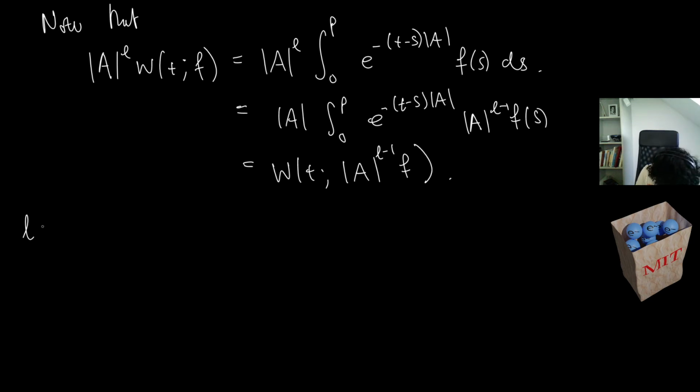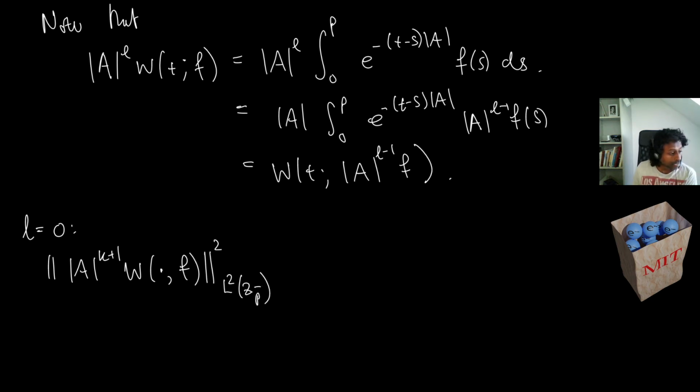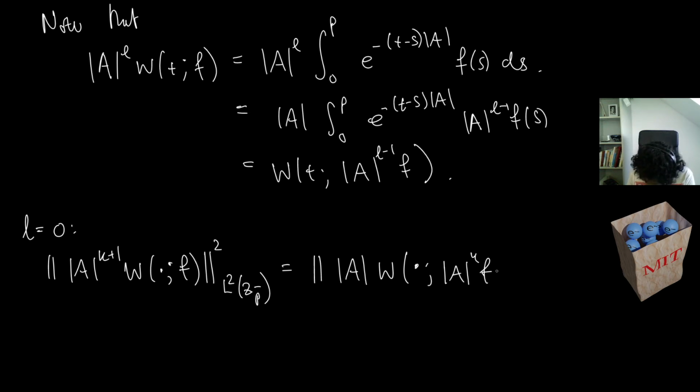Now let's look at the case of L equals 0. We have a modulus k plus 1 w f, and we're taking this in L2 z rho bar. This is now equal to modulus a w a to the k of f in L2 of z rho bar.